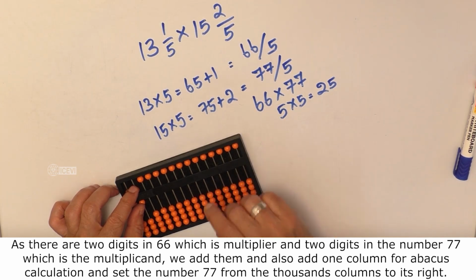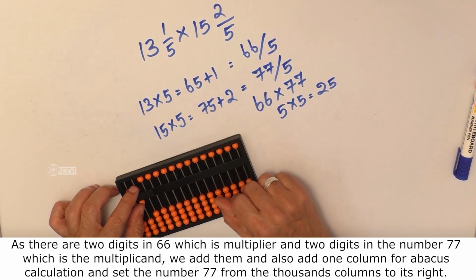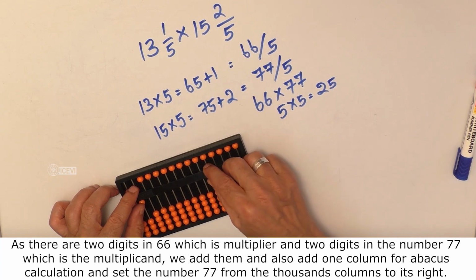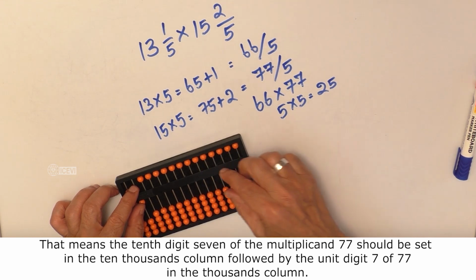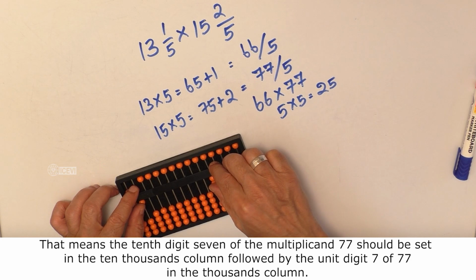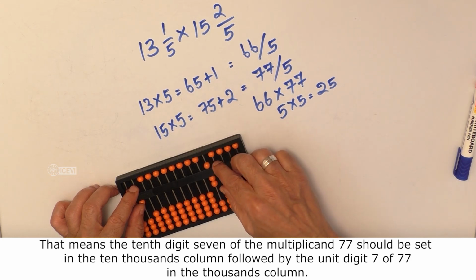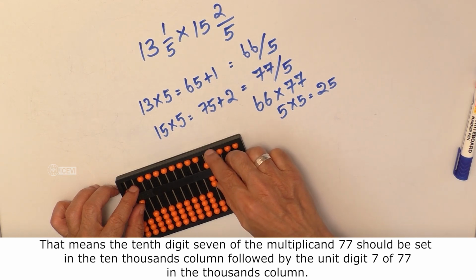we add them and also add 1 column for abacus calculation, and set the number 77 from the thousands column to its right. That means the tens digit 7 of the multiplicand 77 should be set in the 10,000s column, followed by the unit digit 7 of 77 in the thousands column.